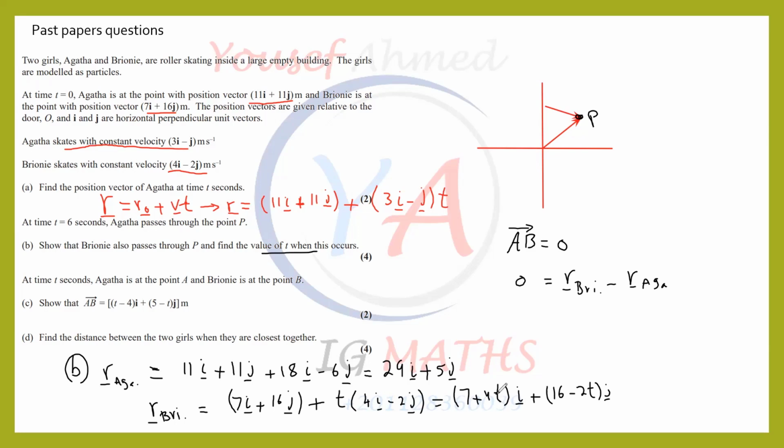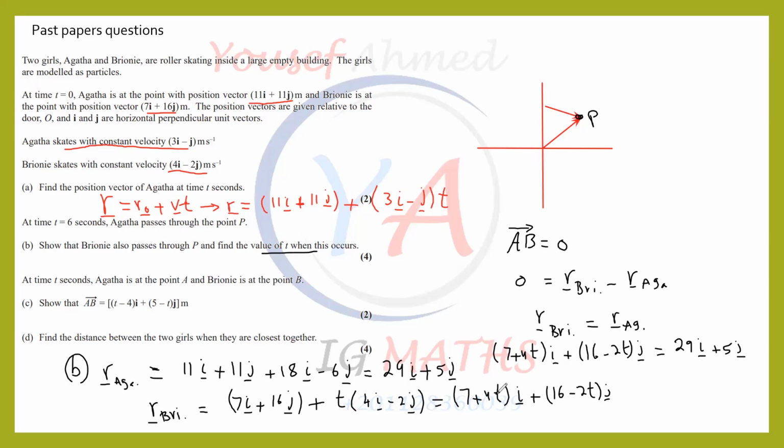Or you can just equate the position vector for Biruni with the position vector for Agatha. It's the same thing. So I will take Biruni, which is (7 plus 4t)i plus (16 minus 2t)j, equal to the position vector for Agatha at the point she reached, which is 29i plus 5j.